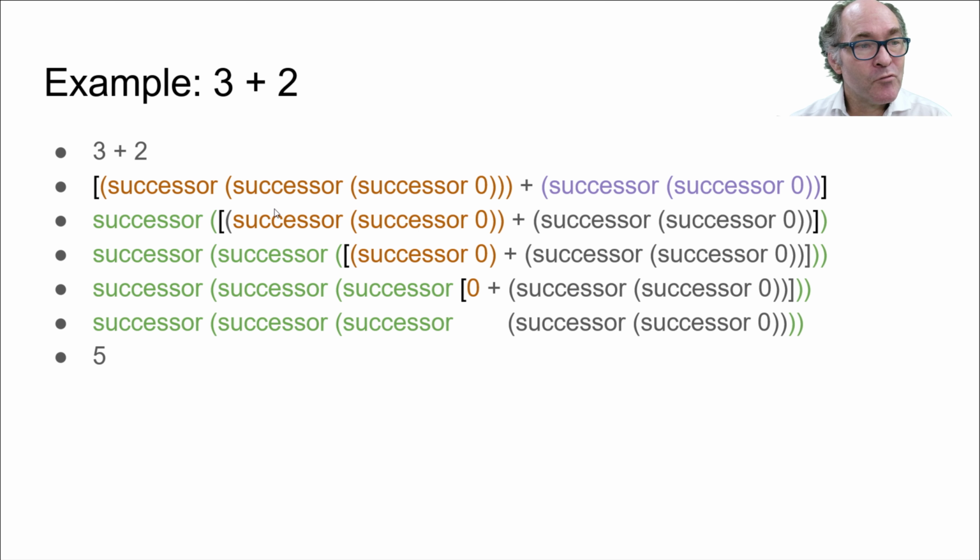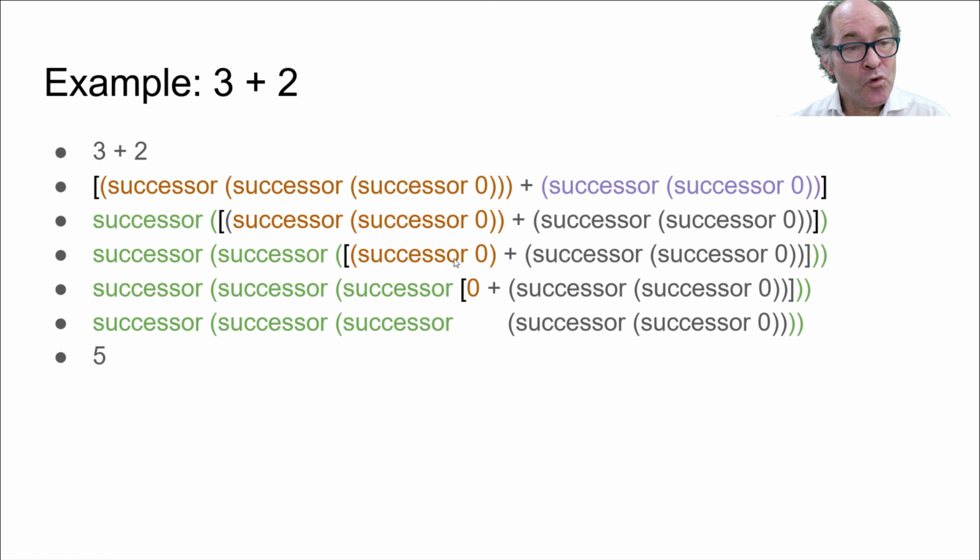Our rule says if we're adding the successor of something and m, the result is the successor of the something plus m. So that's what this whole thing is. And of course, we have to take the successor of that from the first time around. So we've got the successor of the successor of 1 plus 2. So we went from computing 3 plus 2 to computing 1 more than 2 plus 2, and that's 1 more than 1 more than 1 plus 2.